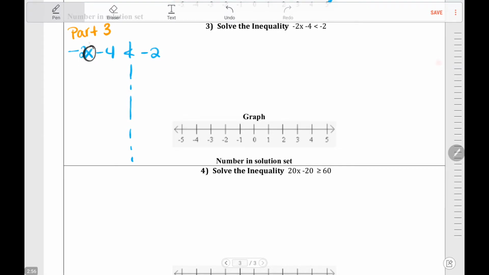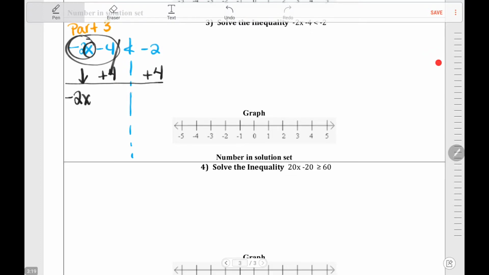So I circle my x, first thing that's bothering it, second thing that's bothering it. Okay, so which one am I moving first? The answer to that is the +4. Sorry, it's a -4 and my inverse is a +4, so I do that on both sides. I bring this down. My inverses cancel. I bring my symbol down. -2 + 4 is +2.